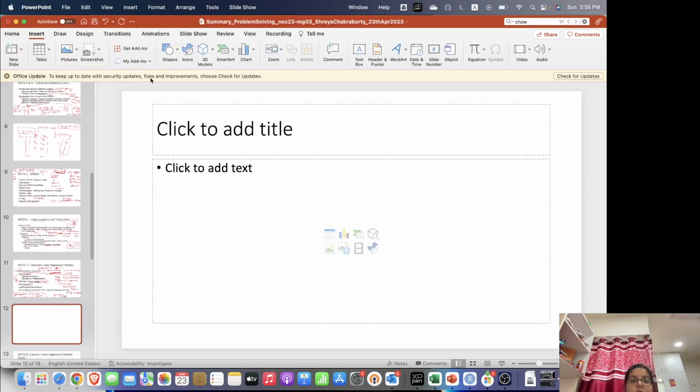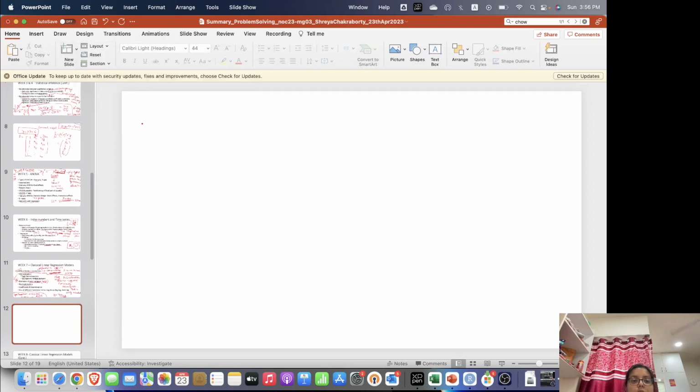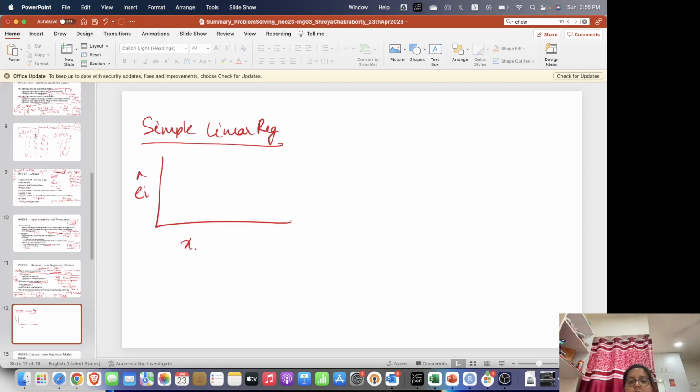So I was telling that if you have a simple linear regression, you can plot the residuals versus the x's, and it should have a random pattern.